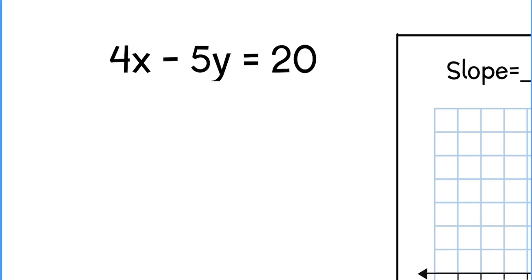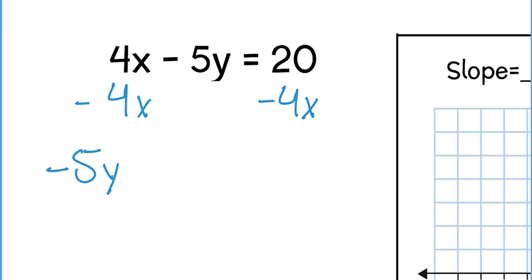Yep, I'm going to subtract 4x from both sides. So I'm left with negative 5y equals, and instead of writing 20 minus 4x, because I want it to be in slope-intercept form, I'm going to write negative 4x plus 20.